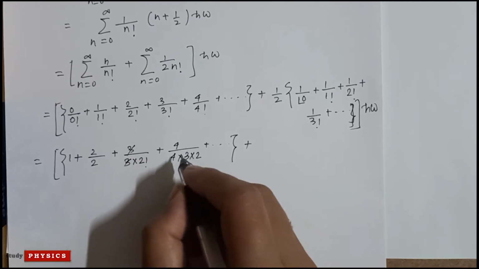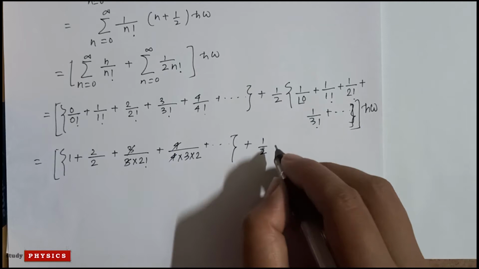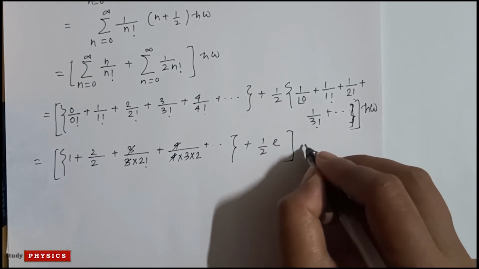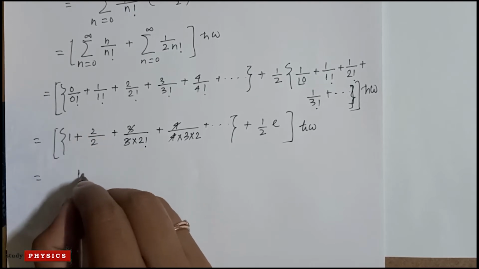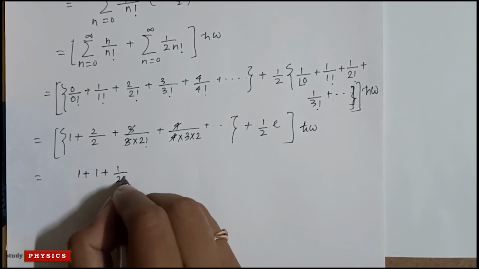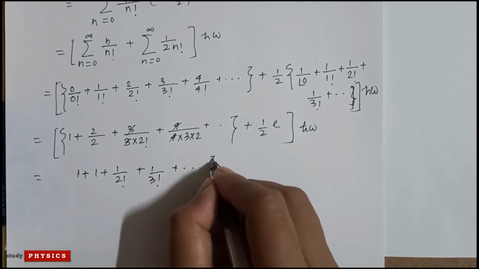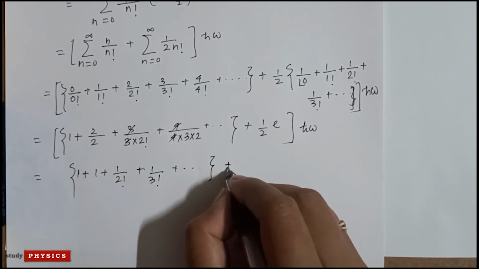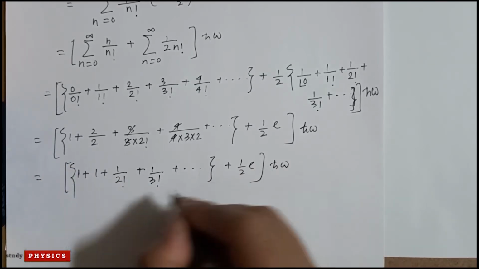So this is 1 plus 2 divided by 2 plus 3 divided by 3 into 2 factorial plus 4 divided by 4 into 3 into 2, and so on. So 3 is cancelled out, and this is basically e. So this is 1 plus 1 plus 1 divided by 2 factorial plus 1 divided by 3 factorial, plus half e h cut omega.